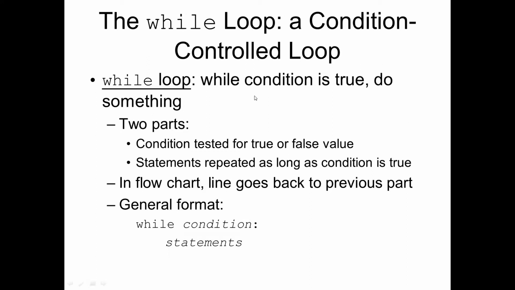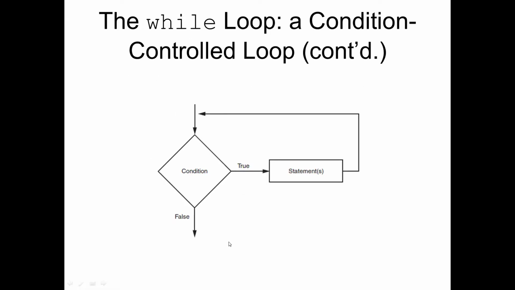So you're going to do your while loop while some condition is true. There are two parts to the while loop: the condition that we're going to test for true or false, and the statements that will be executed as long as that condition is true. So the general format here is while some condition is true, execute some statements.